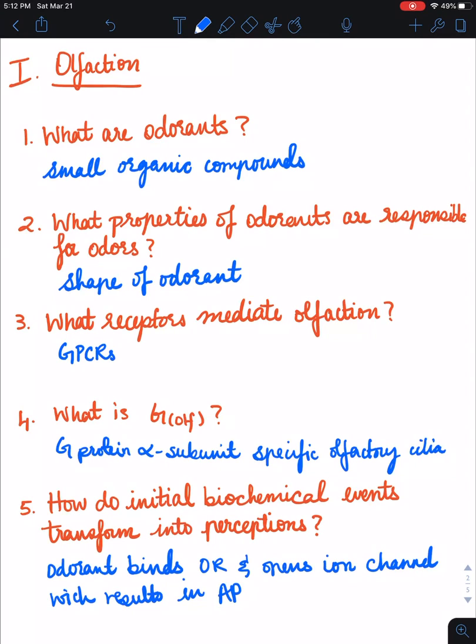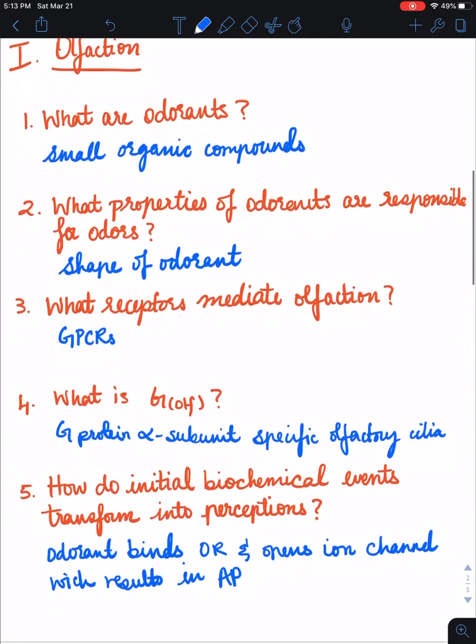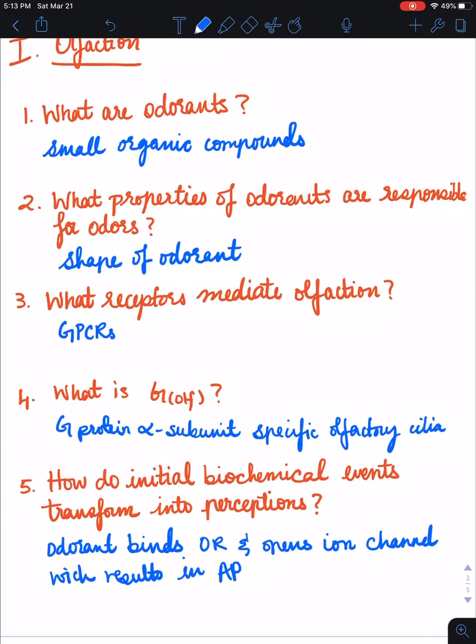And AP is an abbreviation for action potential. Okay, so the odorant binds to its receptor and through a cascade of events opens an ion channel, and the flow of ions results in membrane depolarization and generates an action potential.